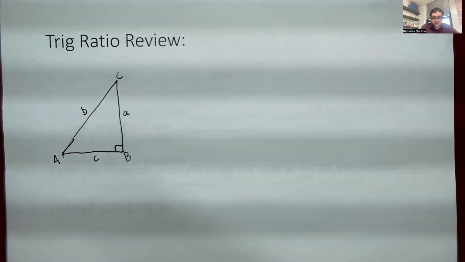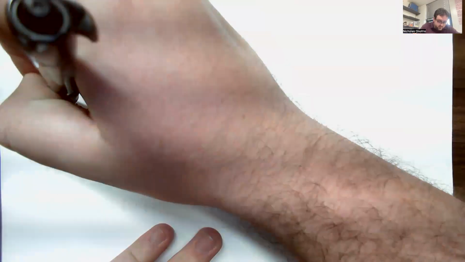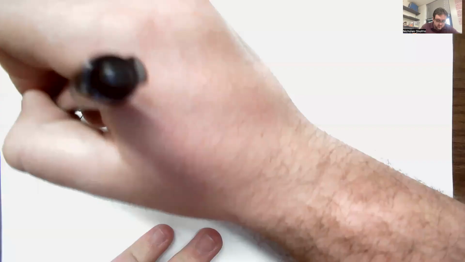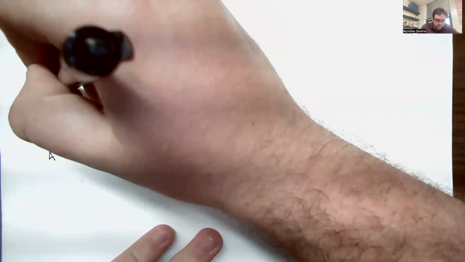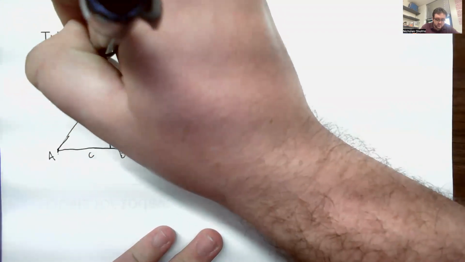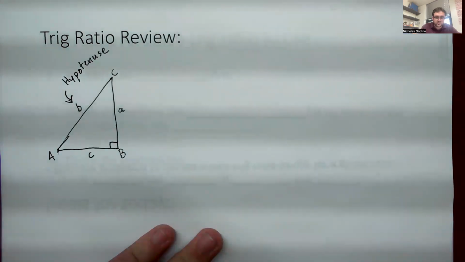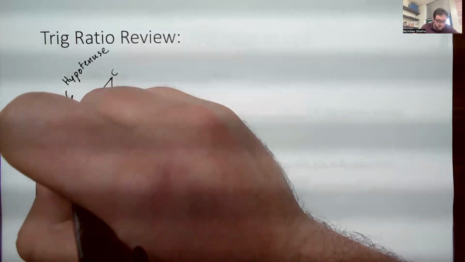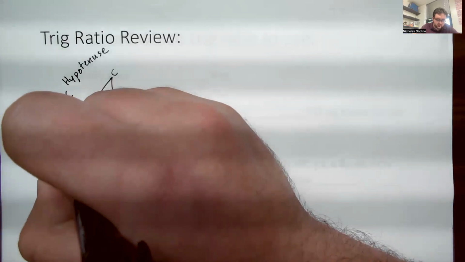Okay. As a reminder, our longest side of the triangle, the side labeled B, is called our hypotenuse. And for the purposes of our diagram, we're going to be considering angle A as our main angle.